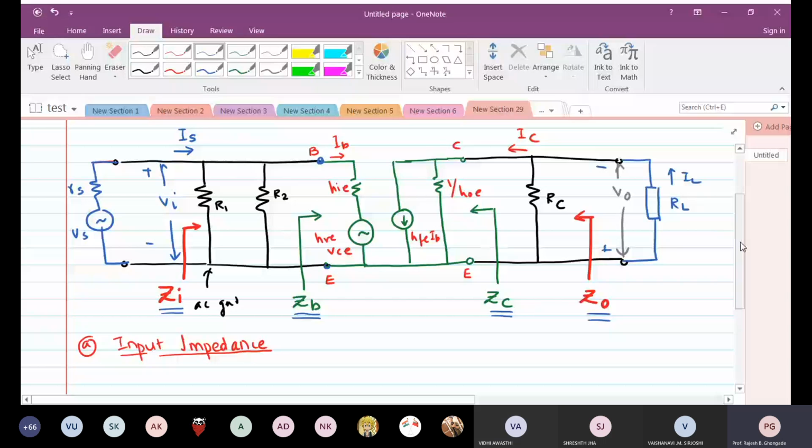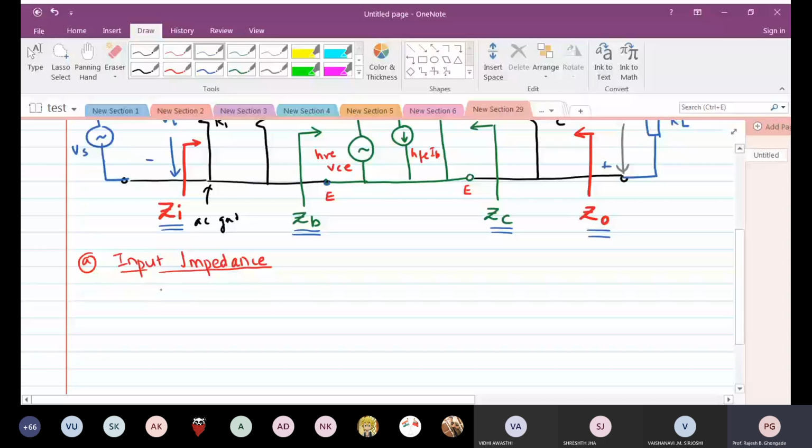It simply means that a very small fraction of VCE is available over here, and this HRE value is very, very small. So I can simply neglect it. What I can do is say that ZB is HIE itself, because HRE is a small quantity.